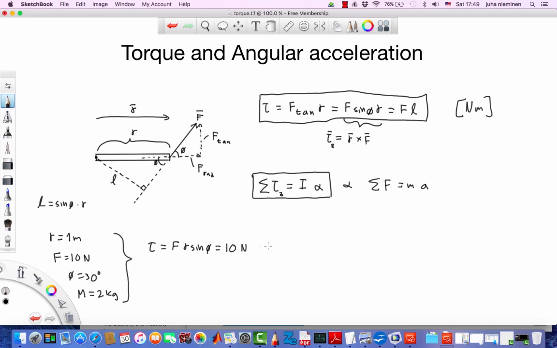So 10 newtons times the distance, or the length of the rod, is 1 meter, times sine of 30 degrees, and that's in fact 0.5. So we get 5 newton meters of torque when this force is acting at this angle and at this distance.